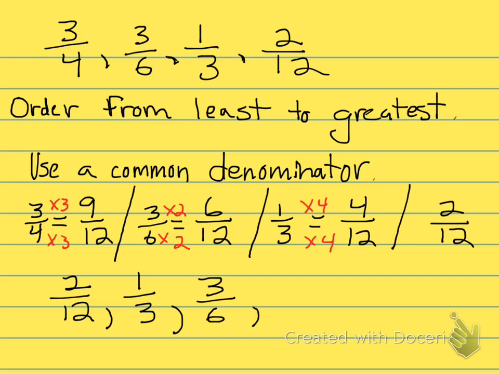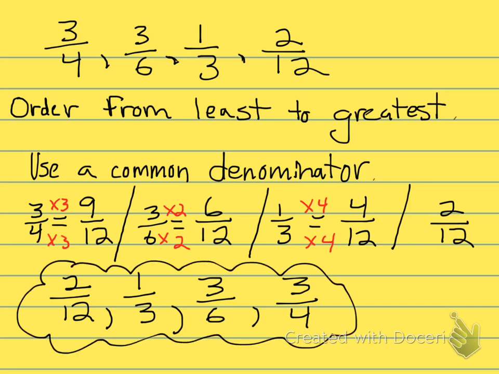And finally, 9/12, which the original was 3/4. So I put them in order from least to greatest with the original fractions, using my equivalent fractions as a tool to help me do so. So here's the final answer.